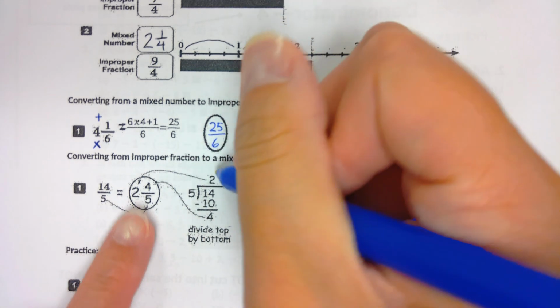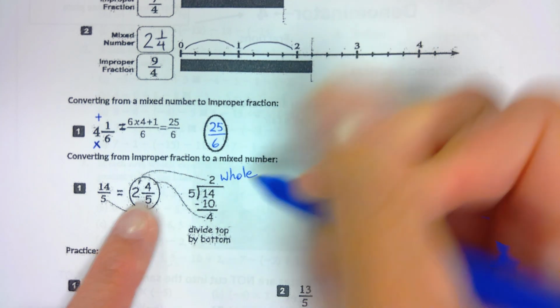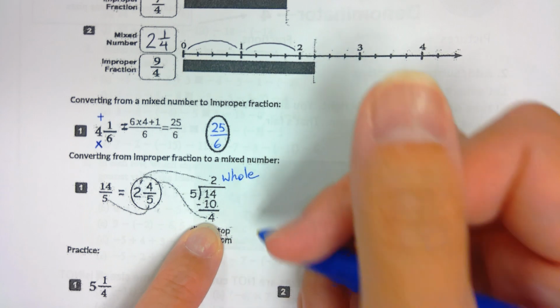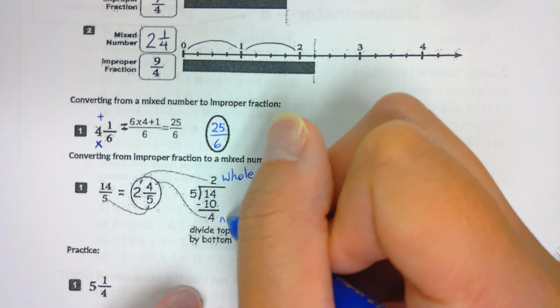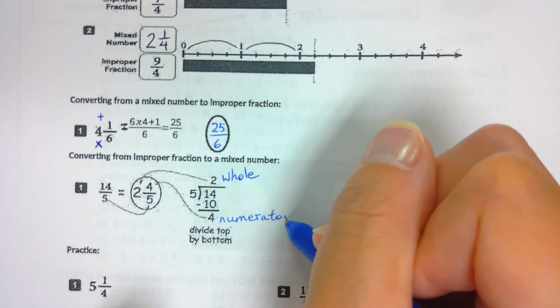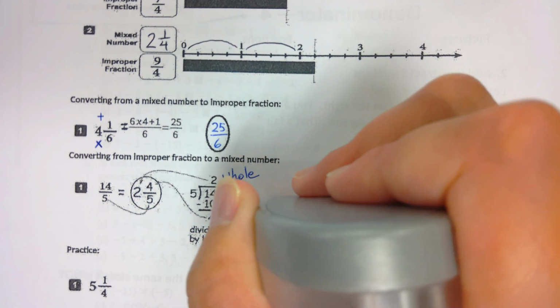So you have 2 whole. That's why you have the 2. Your remainder is your numerator, the number on the top. Whoops, numerator, not denominator. I was thinking on the top.